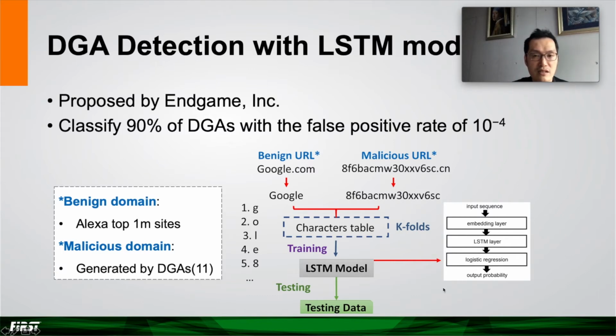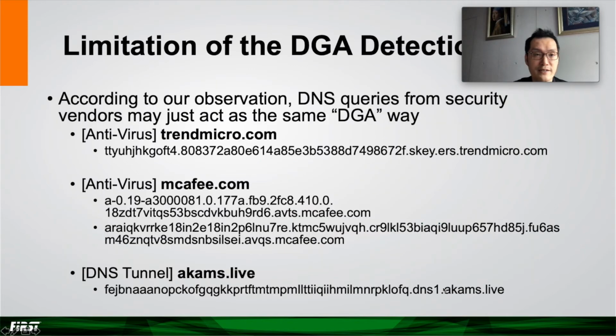As we see, the LSTM model classifies almost 90% of the DGA domains with a very low false positive rate, so it looks well, right? But according to our observation, DNS queries from security vendors may act in the same DGA way. We can see that DGA detection methods are somewhat limited.